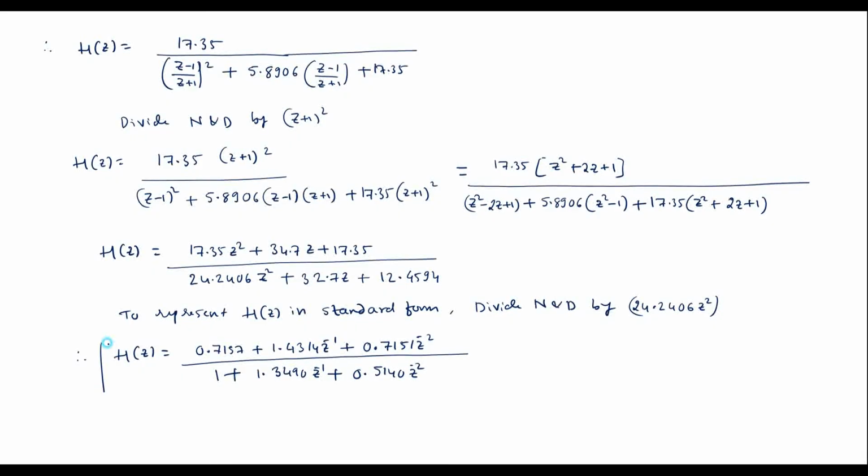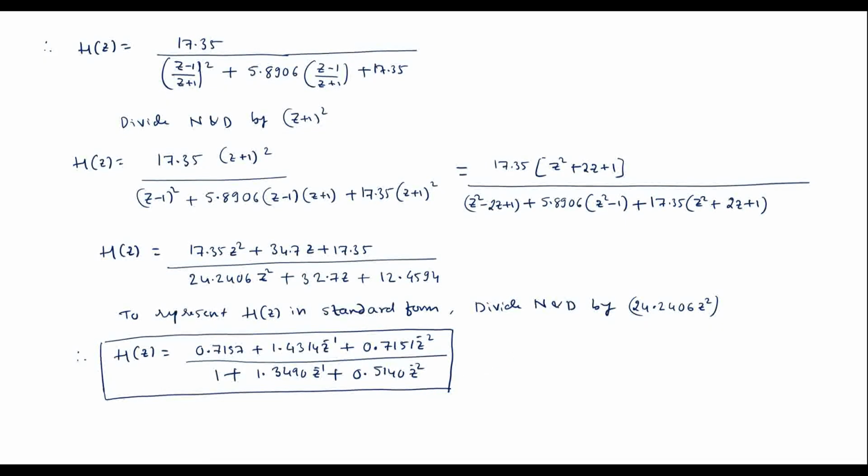So this is the transfer function of the digital filter, that is H of z. So now we'll try to obtain the direct form 2 structure from this H of z.